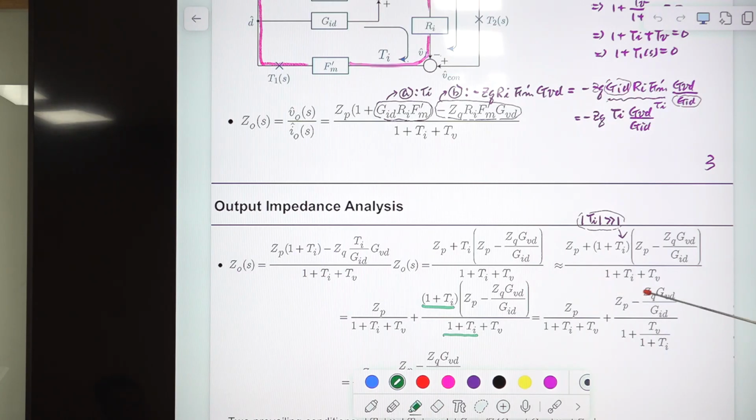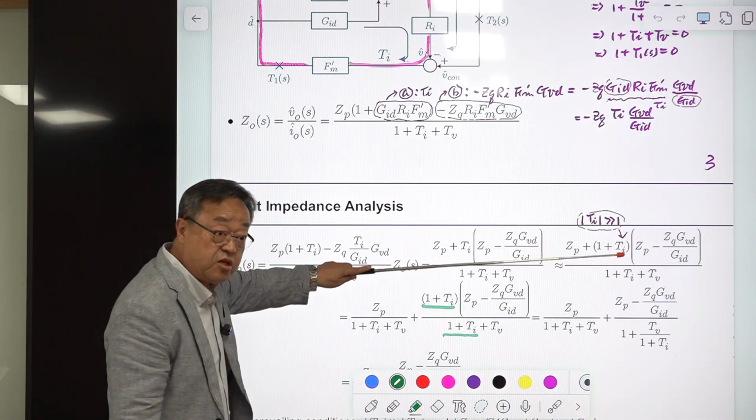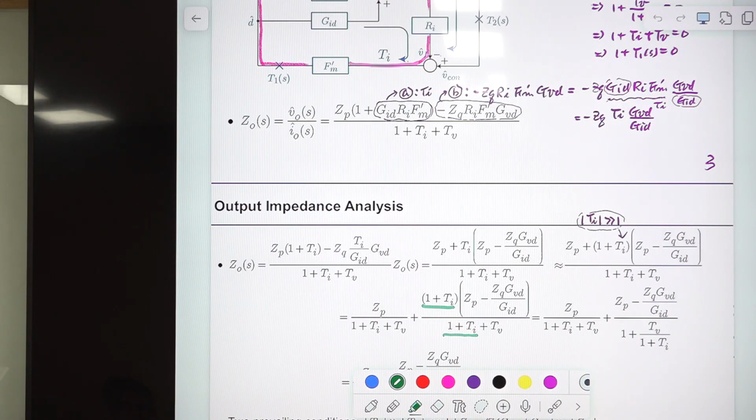Because this is one term, this is another term, and you divide the second term by this one. Then this is the denominator, and this is the numerator. This becomes the denominator, and this is what? This is T1. This is T2. Okay? You separate into two terms by this simple approximation. This is a very smart approach proposed by Ridley.